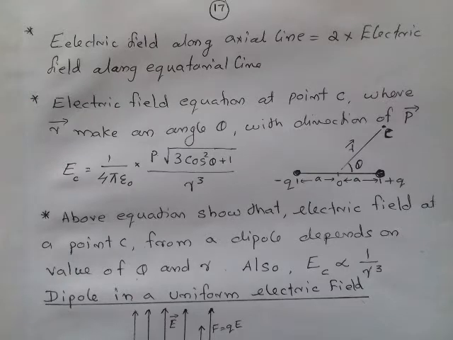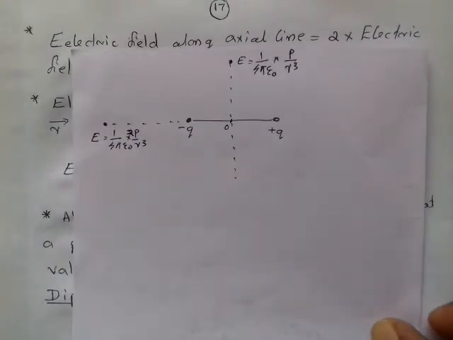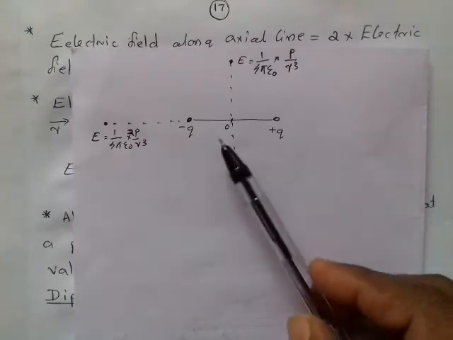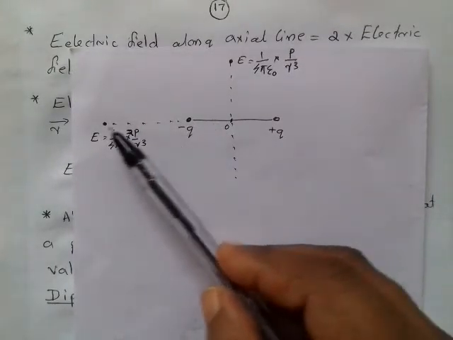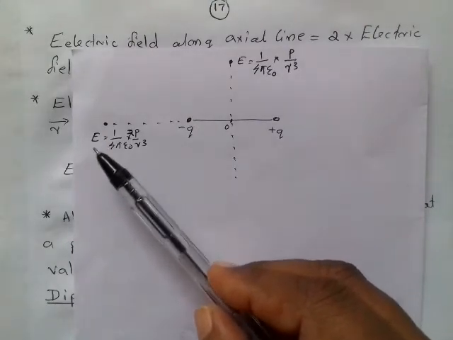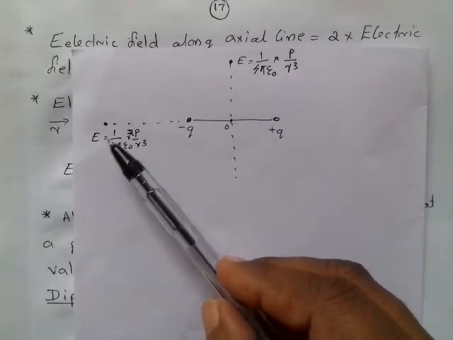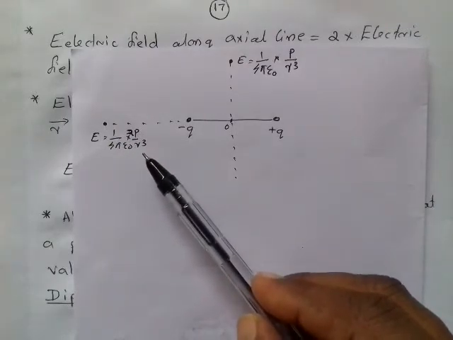Electric field along the axial line is equal to 2 times electric field along the equatorial line. So this is the idea. This is a dipole, this is the axial line, and this is a point along the axial line. We have derived the equation for electric field as 1 by 4 pi epsilon 0 into 2p by r cube.